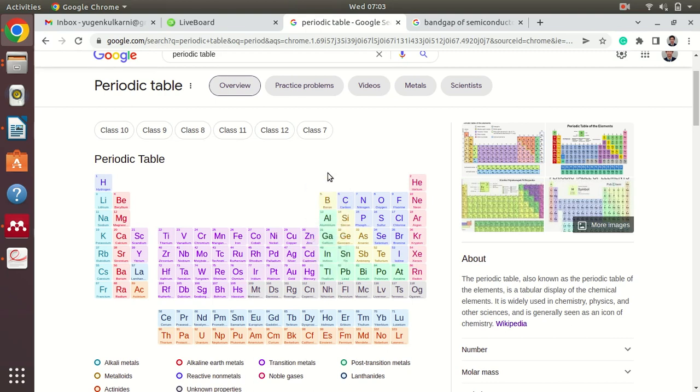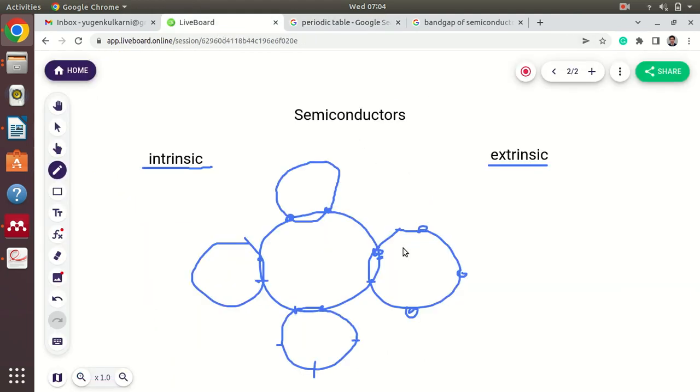So there are only 3 electrons in their outermost orbit. And this is the nitrogen family. In this we have 5 electrons: nitrogen, phosphorus, arsenic. They have 5 electrons in their outermost orbit. So what happens when, instead of silicon, we dope some other material?